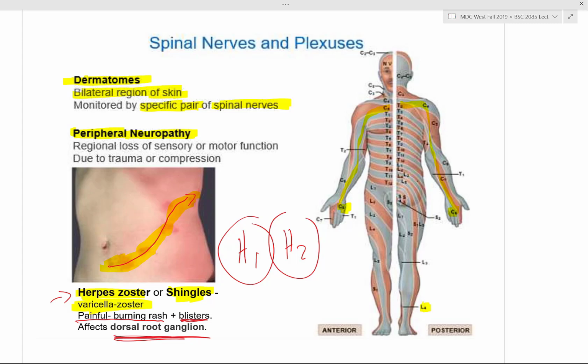Immunosuppression is when you have a chronic disease, or you're taking medications that are suppressing your immune system, or you have HIV. In a young individual, the first thing you have to rule out is HIV, because it's not common for a young individual to have herpes zoster. That's in the elderly.